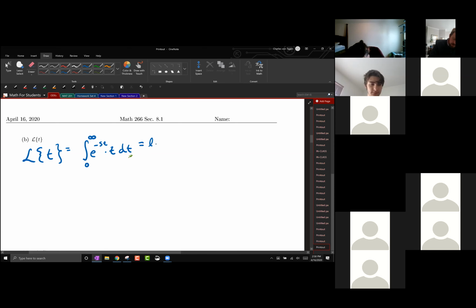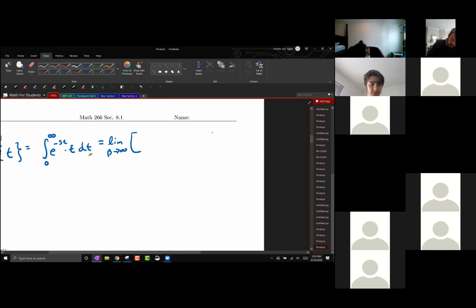Let's first rewrite this as the limit as beta approaches infinity of the integral from 0 to beta. I'm being kind of pedantic here, folks, because I want you to review this, because dealing with these upper limits is a fundamental part of your math career going forward. And as Chris says, we're going to have to do integration by parts. So I'll leave that beta there and leave the integral symbol as we do integration by parts.